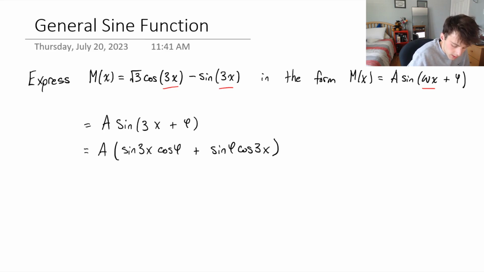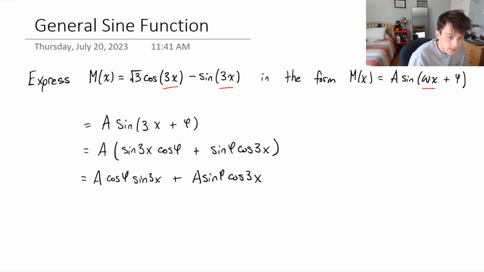Let's then multiply the a inside of our brackets. We've now got, and actually I'm just going to rearrange this ever so slightly because it's all multiplication here, a cos phi times sine of 3x plus a times sine phi times cosine 3x.